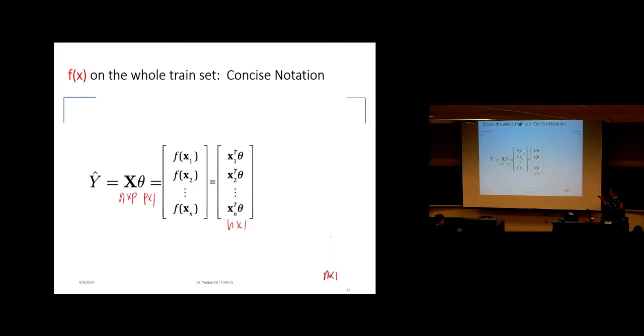We already derived this. If I apply f(x) on x2, this gives me x2 transpose theta. You just put all of them as rows, and this is the predicted y vector: the predicted y1, predicted y2, up to the predicted yn.